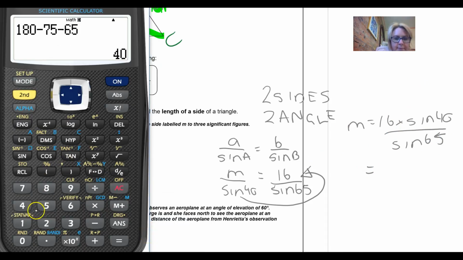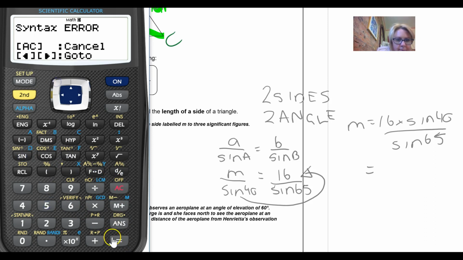So let's do that. 16 times sine 40 over sine 65. Why?